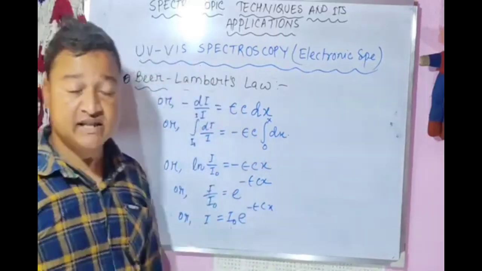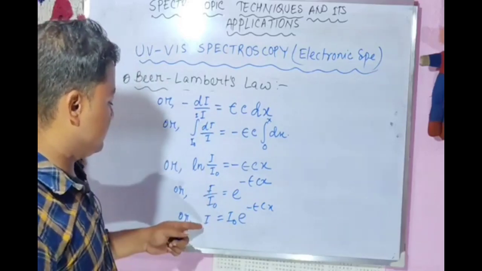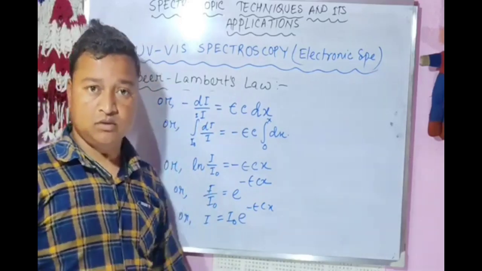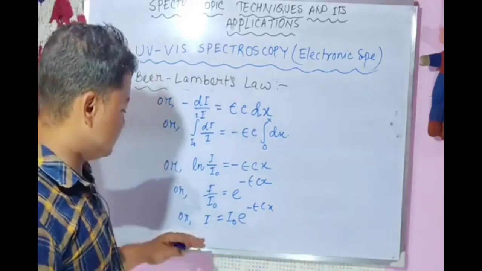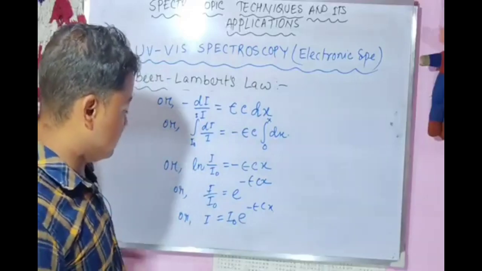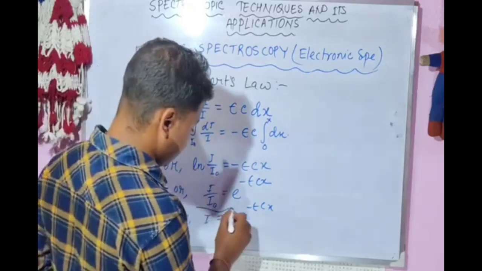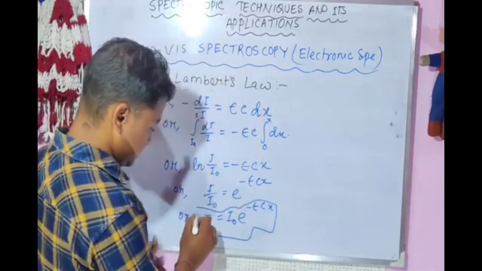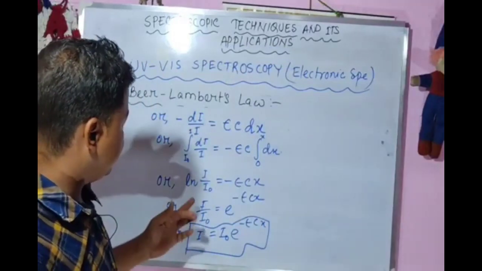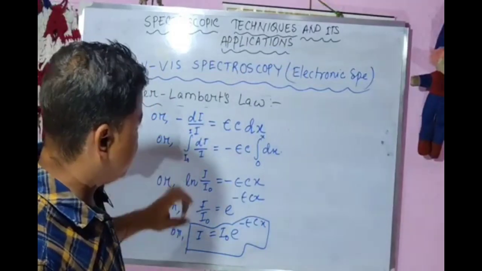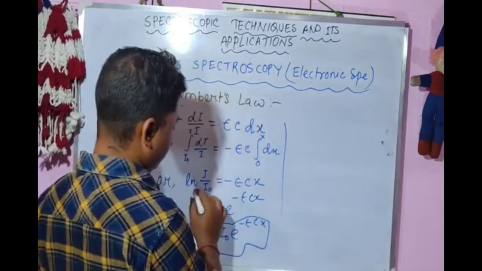Here I0 is the initial intensity of the light, and I is the final intensity of the light after absorbing some radiation. This is the mathematical form of Beer-Lambert's law. If we convert ln into log, that is another mathematical form.